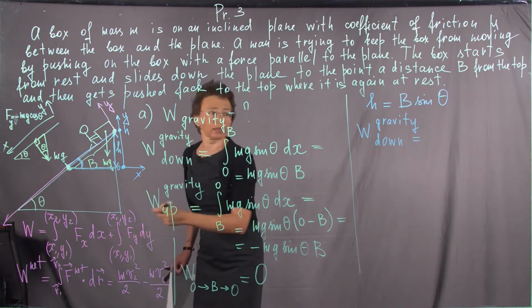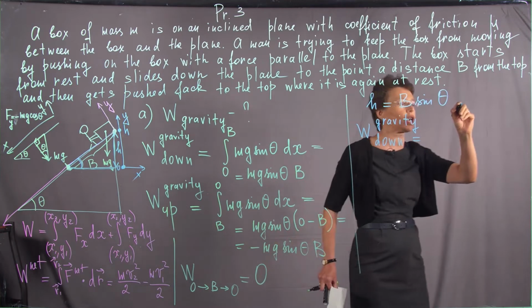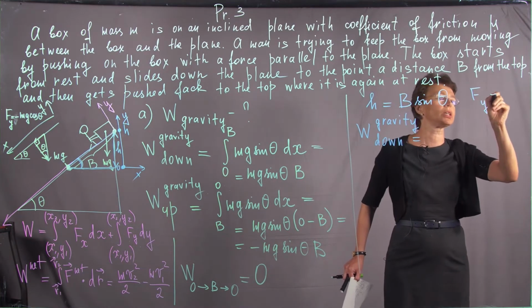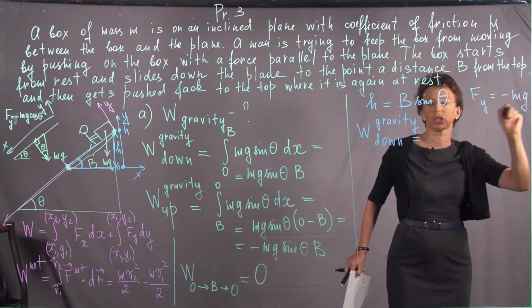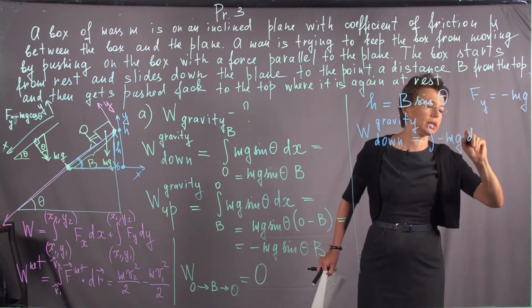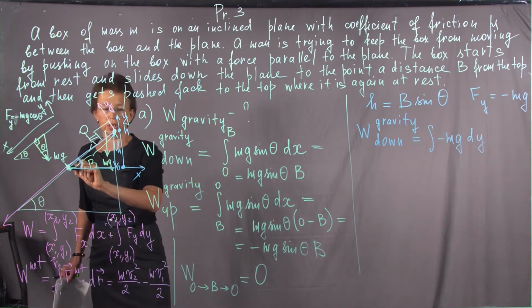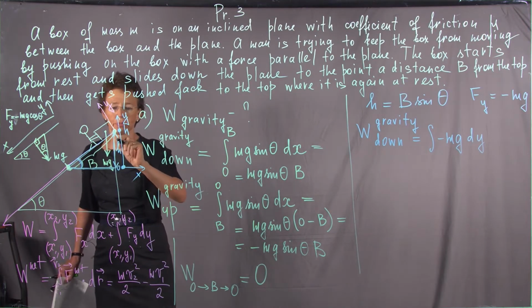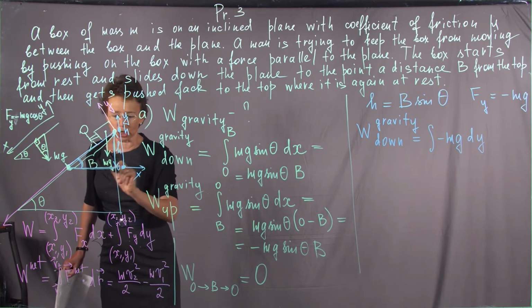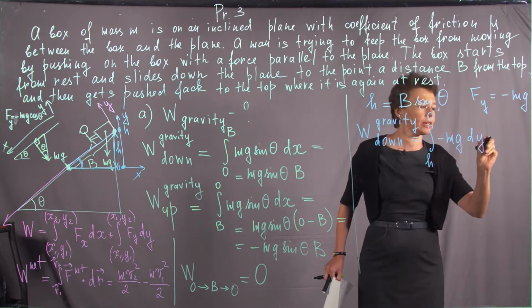F sub x is 0. With my new coordinate system, I have just fy, which is minus mg. So I have the integral of minus mg dy. What are the limits? I go from this point to this point. This point in my y is h. This point is 0. So the limits are from h to 0.